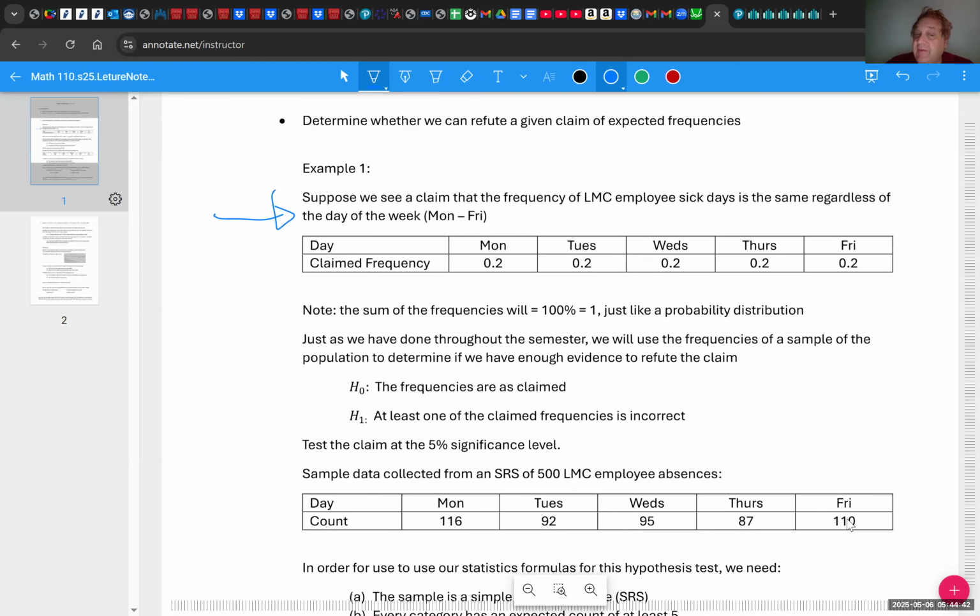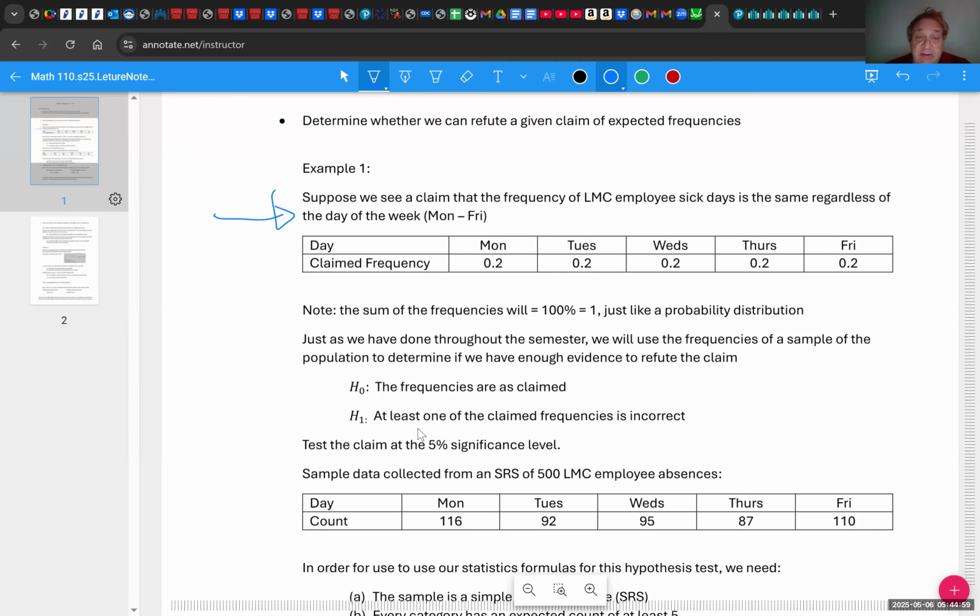And the alternative hypothesis is that at least one of the claimed frequencies is incorrect. So this is very standard in terms of our null and alternative hypotheses. The frequencies are as expected, or the frequencies are as claimed. And then the alternative is that at least one of the frequencies is not as expected or claimed. We're going to test this at the 5% level.